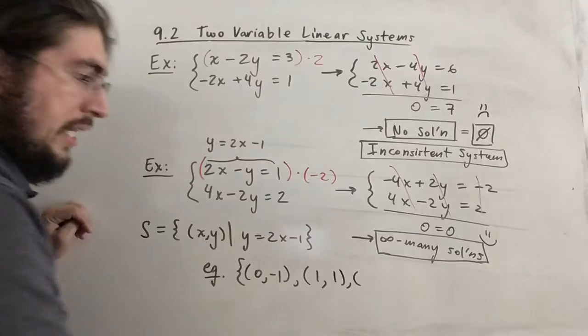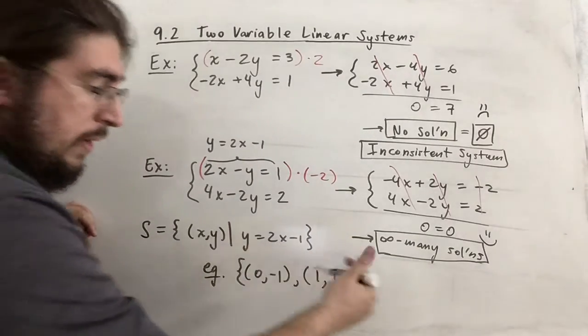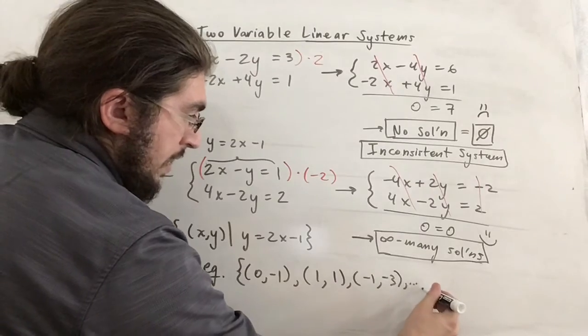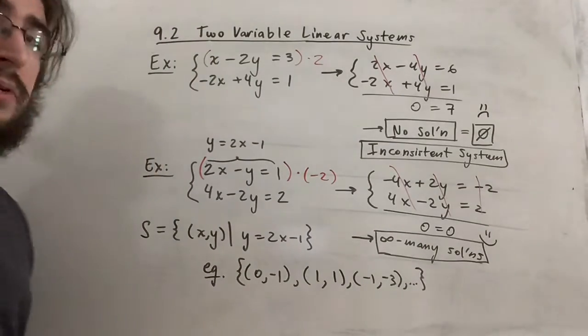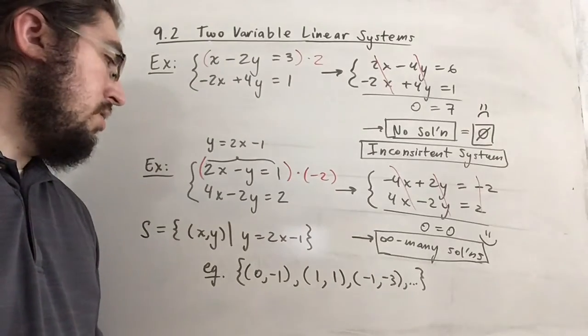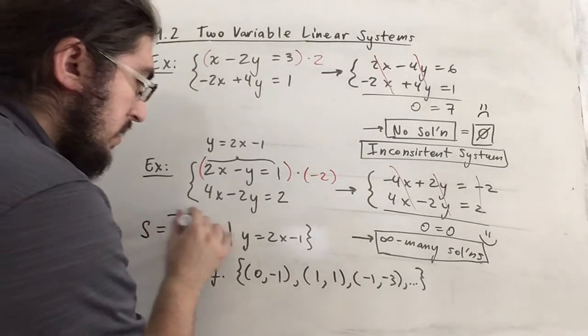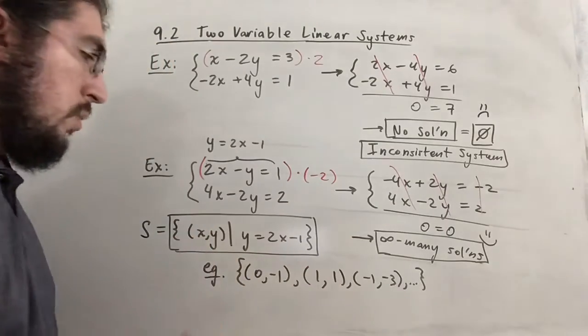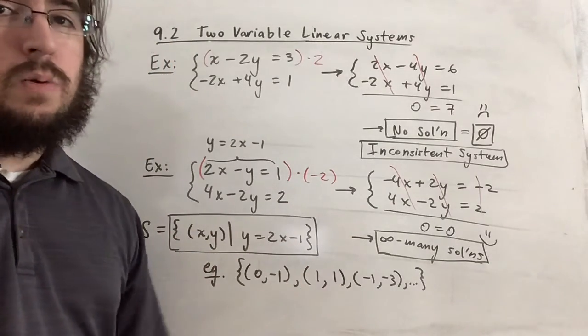If you plug in -1, we get -2 minus 1, that's -3, and so on. And in fact, you don't have to plug in integers. You can plug in any number, like 1/2 or radical 2. So really what this says is that your solutions are the set of all ordered pairs where the y value is 2x minus 1.